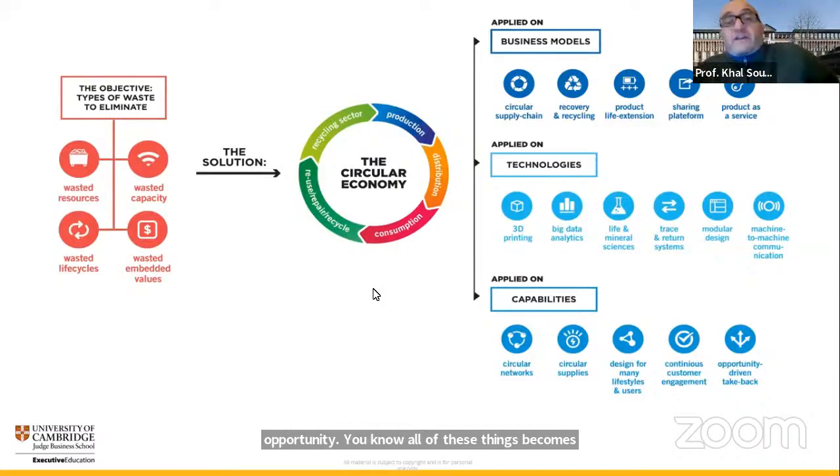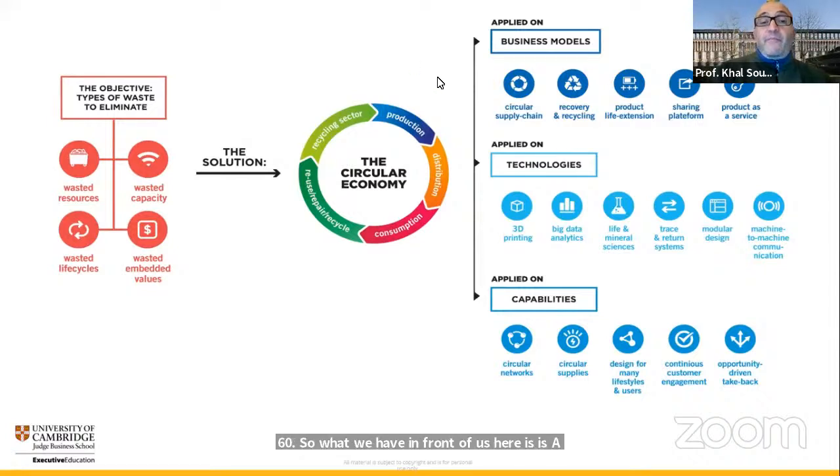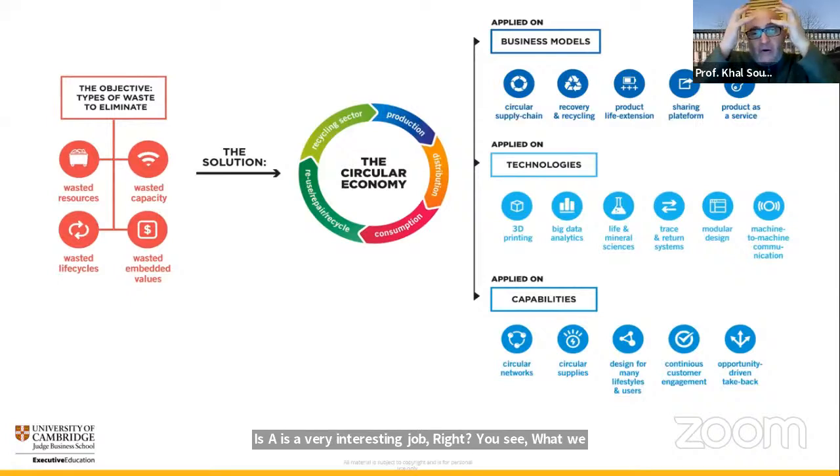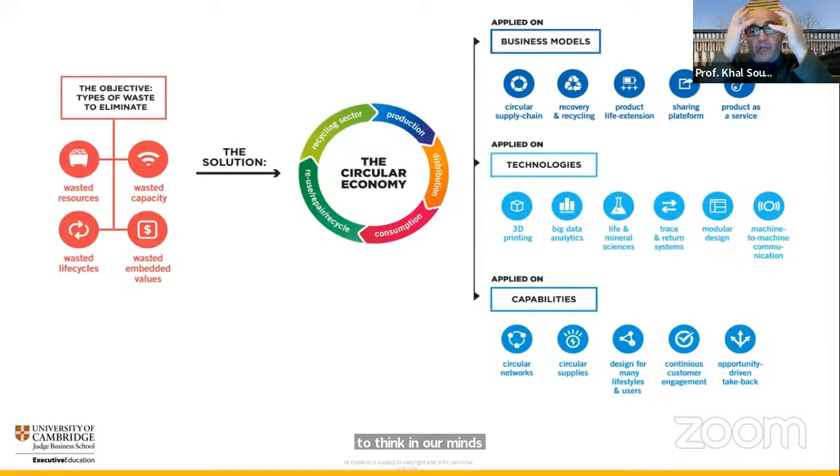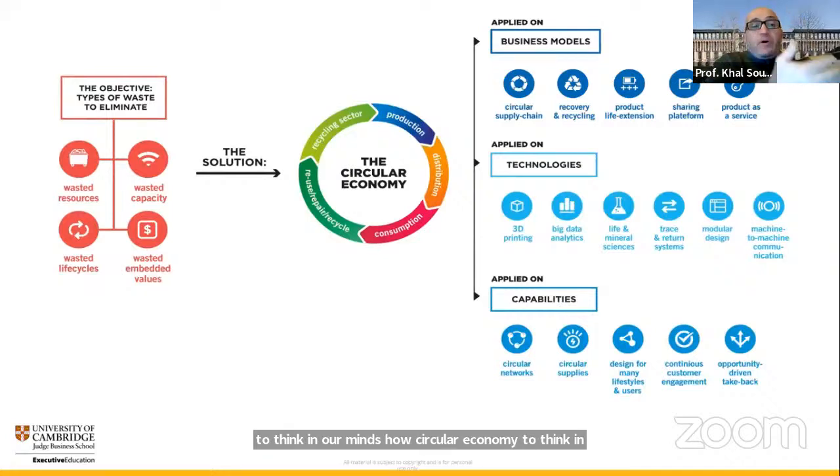So what we have in front of us here is a very interesting structure, right? We need to be able to think in our minds how a circular economy could allow us to achieve this reduction in waste.